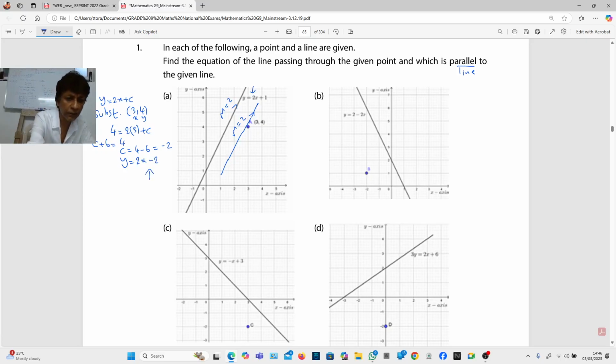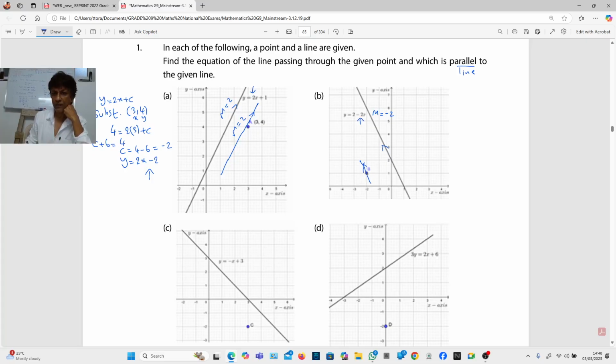Now if we move on to part B of the question, here we've got a line and another line passing through the point B which is parallel to the given line. So this line here is parallel to this line. What we're saying is essentially we need to look at the gradient of this line, which is minus 2, as can be seen. That's quite obvious because there we go, it's minus 2.